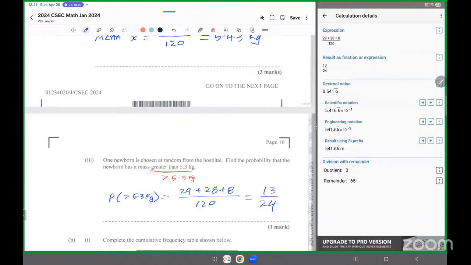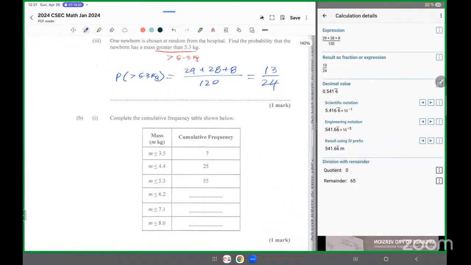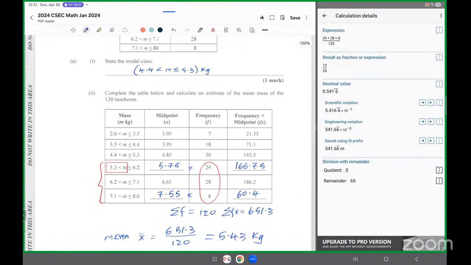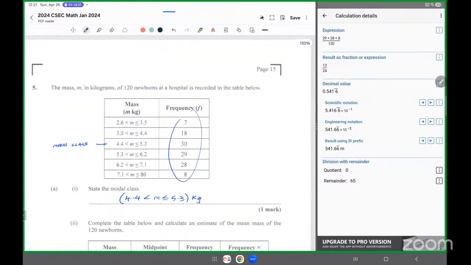That's it. Next part says, complete the cumulative frequency table below. So we're going to add up the frequency now. We need to see what the frequency values are: 7, 18, 30, 29, 28, and 8.